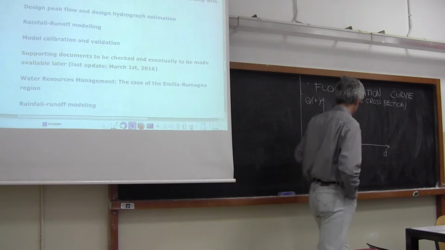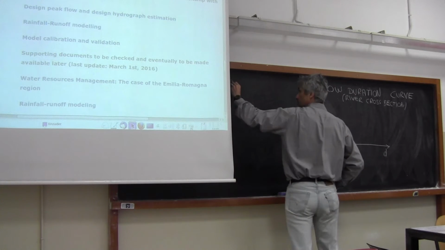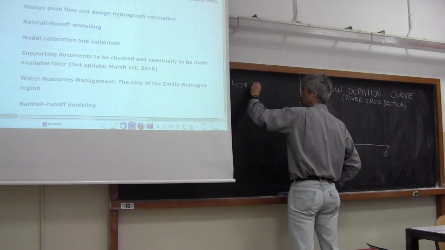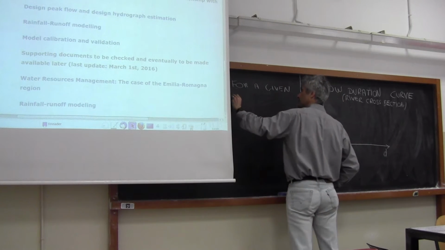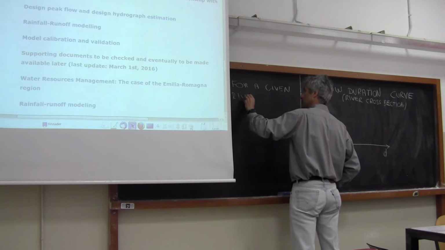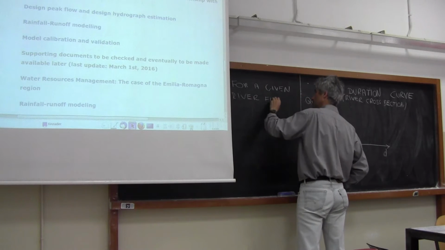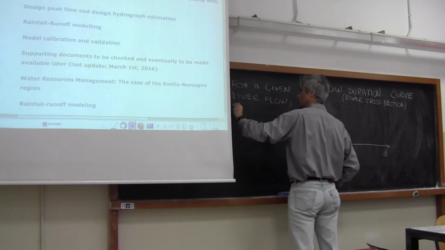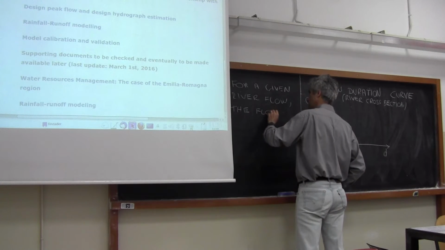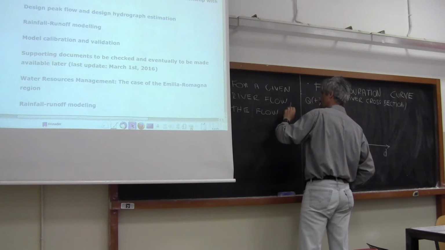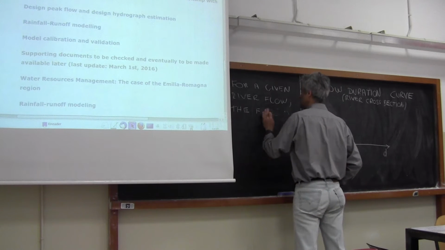So let me write it. For a given river flow, the flow duration curve, let me call it FDC.